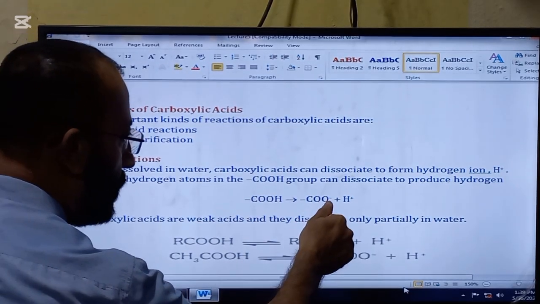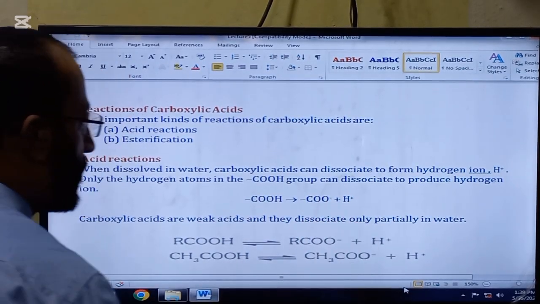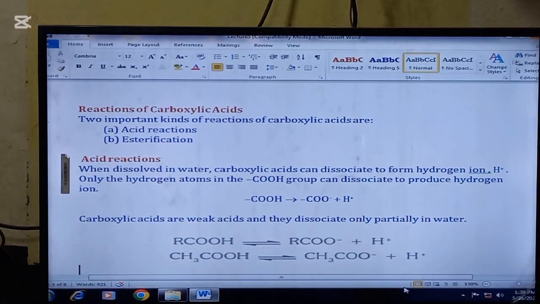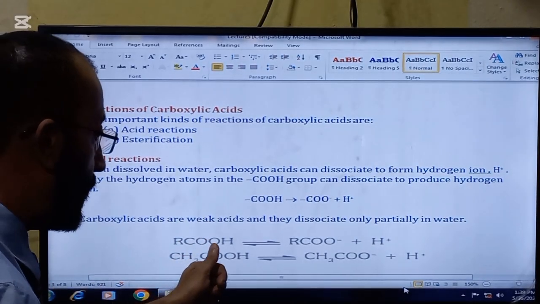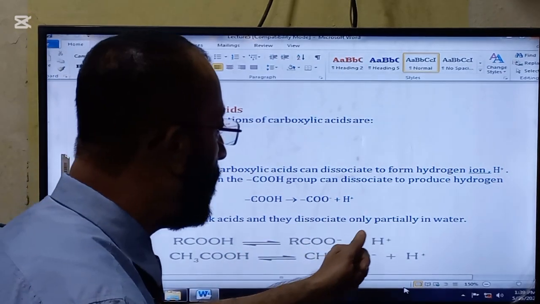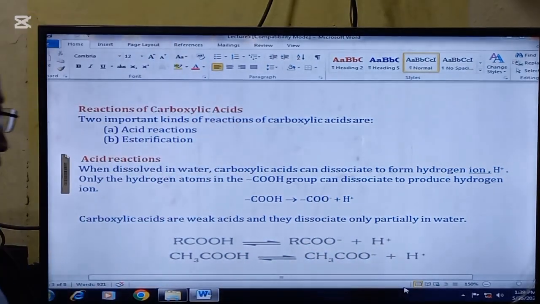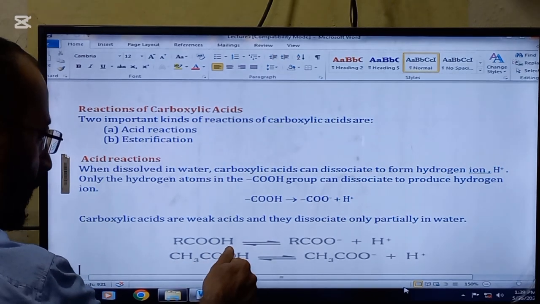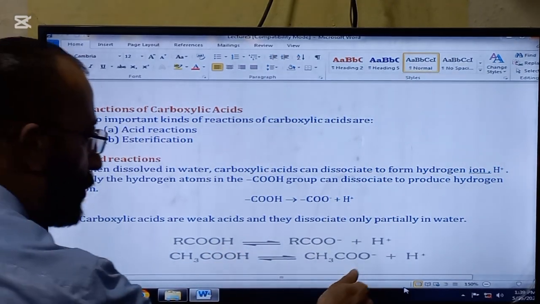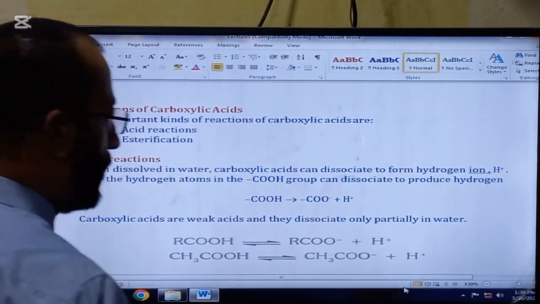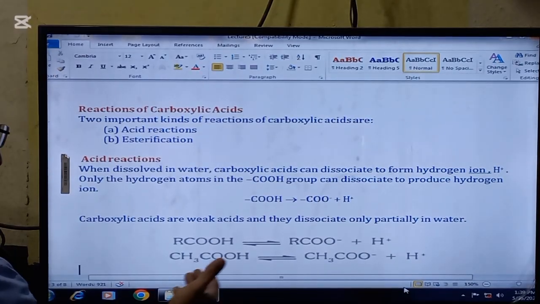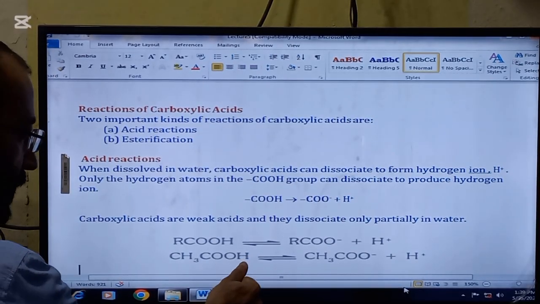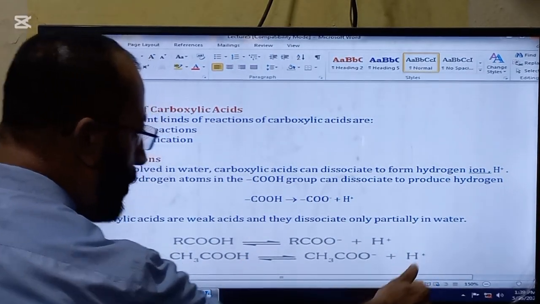So COO negative charge plus H+. Carboxylic acids are weak acids and they dissociate only partially in water. Here is the general formula. The last H will dissociate to form H+ ion. Here is the formula.